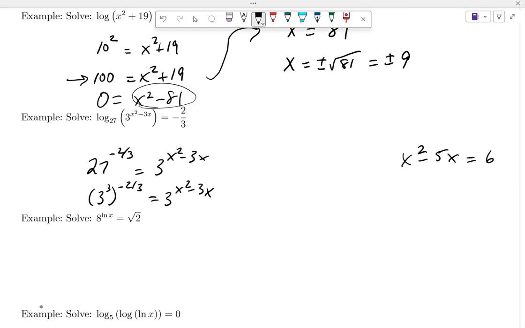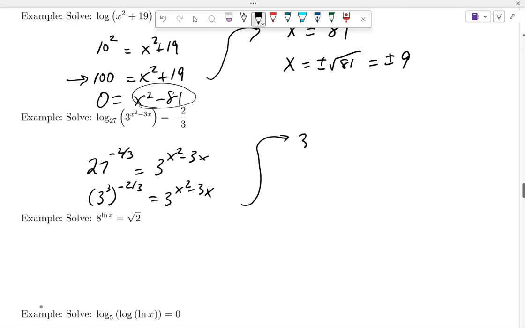Okay. So I've got 3 cubed to the negative 2/3 is 3 to the x squared minus 3x. What do we do with the exponents on the left-hand side now? Multiply them. Good. What do you get when you multiply them? Good.